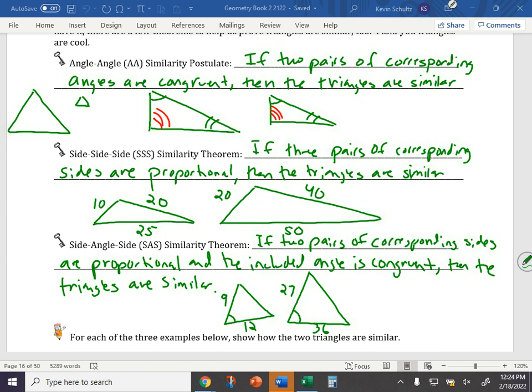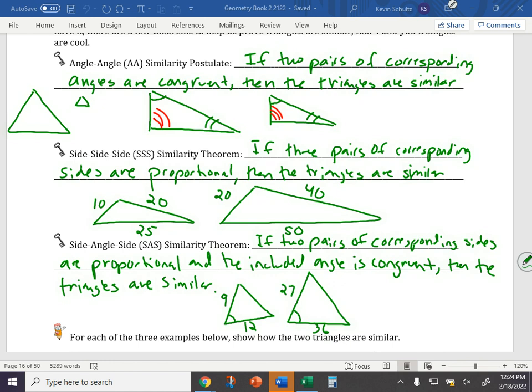Why is that included angle important? What theorem that we've talked about this year kind of explains why this included angle is important? Is it possible to have side lengths of 9 and 12 and 27 and 36 and not have that angle be congruent? Because of what theorem?